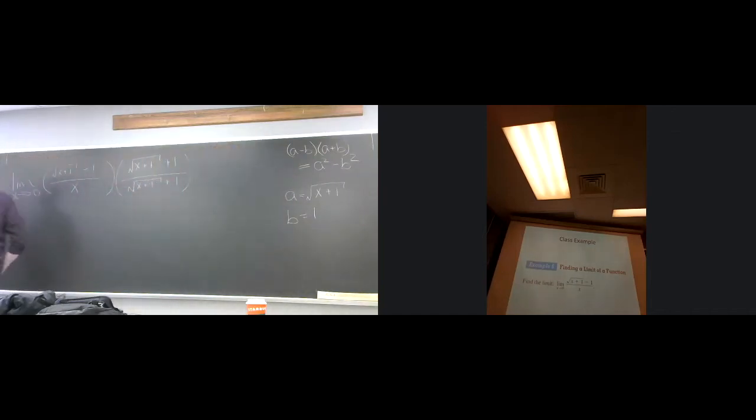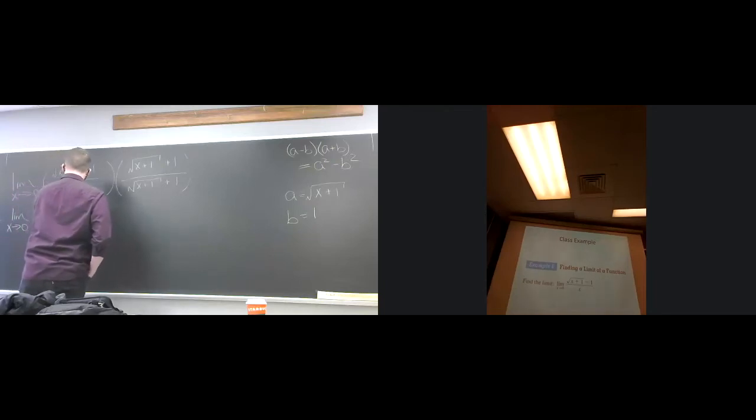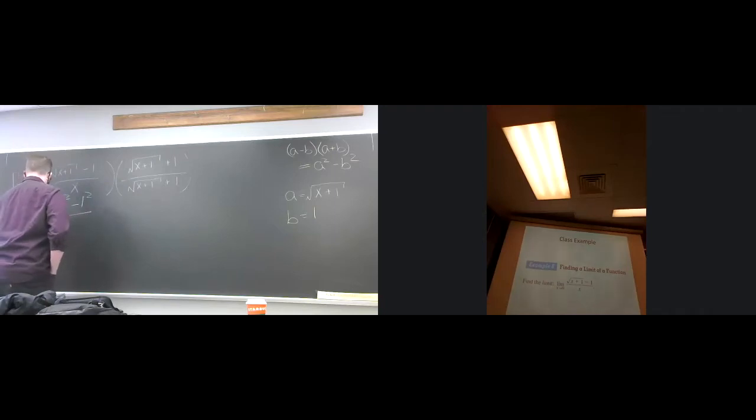So our numerator here, after we simplify this all, is going to turn into something like this. The limit as x approaches 0 of the square root of x plus 1, that thing squared, minus 1 squared, over x times the square root of x plus 1 plus 1.